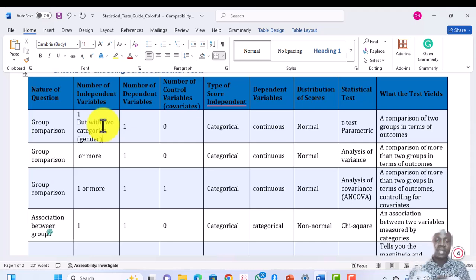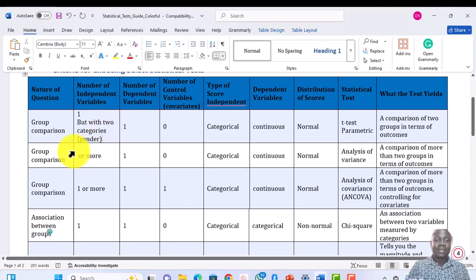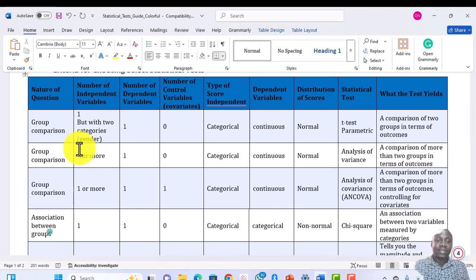So let's go to the second one. In that one, you also have 1 independent variable, if I may put it like that. 1 independent variable, but this time around, but with more than 2 categories.